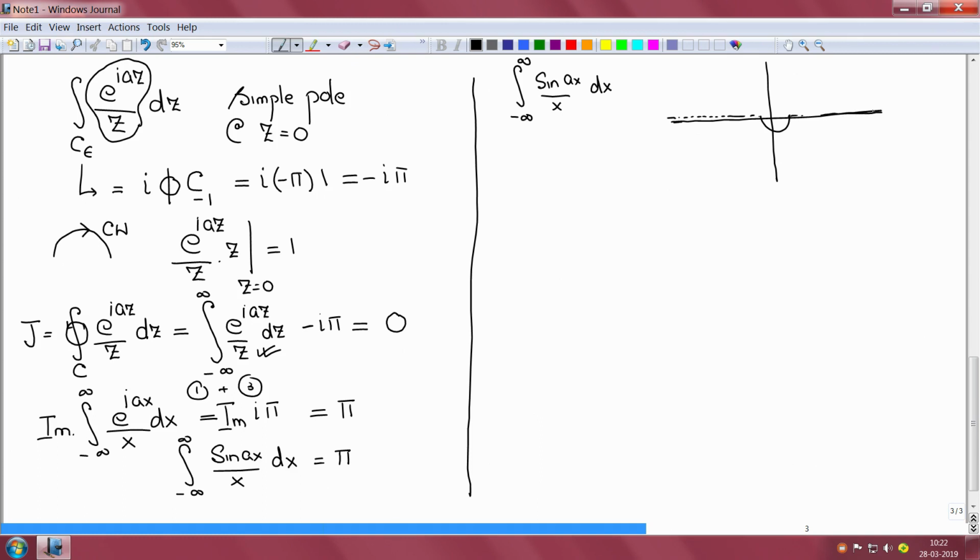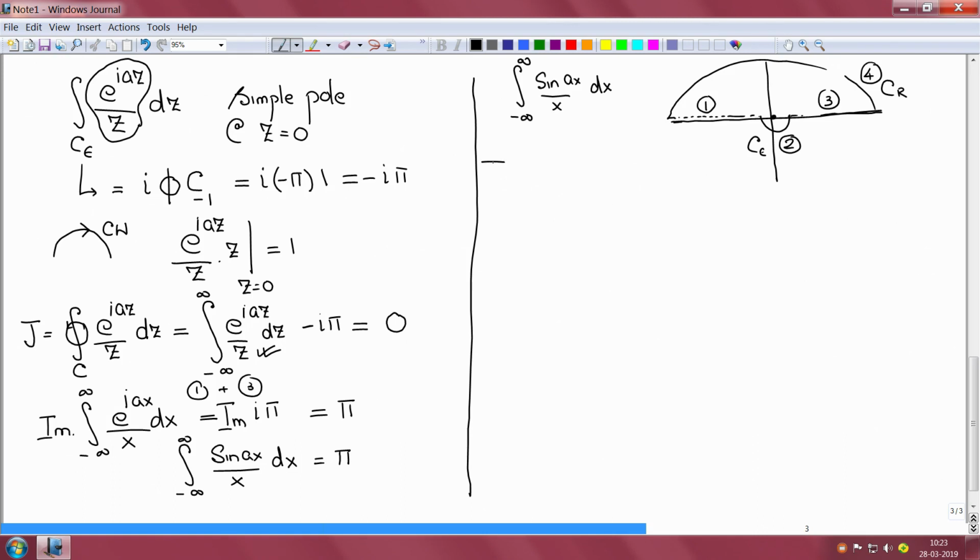We move forward and close the arc with CR. So, this is portion 1, this is portion 2, this is portion 3, this is portion 4. So, this is CR, this is C epsilon. Now, the singularity is inside the contour.